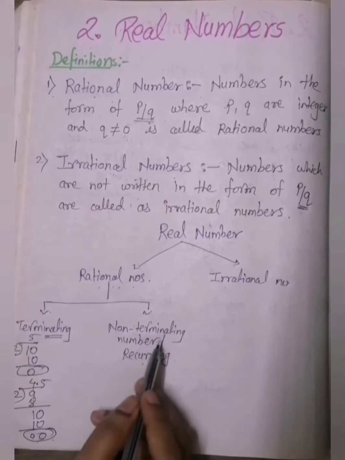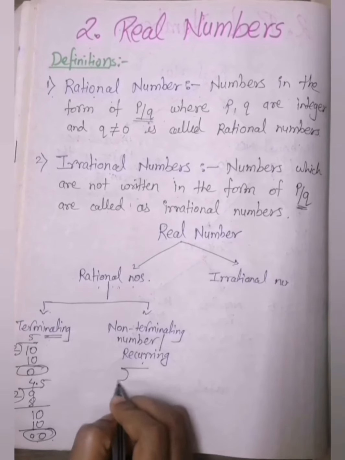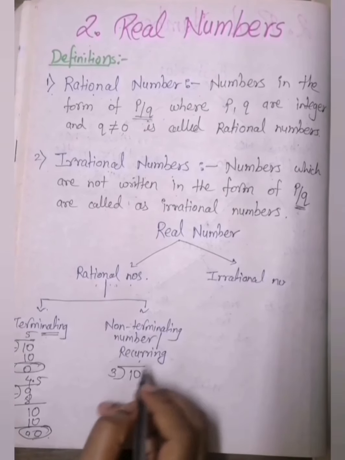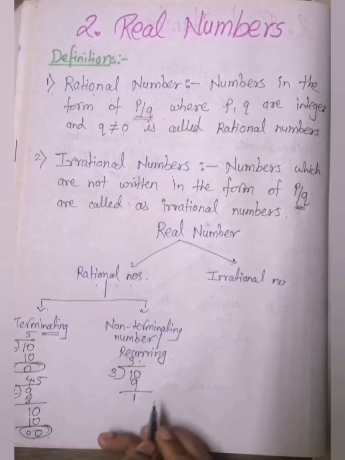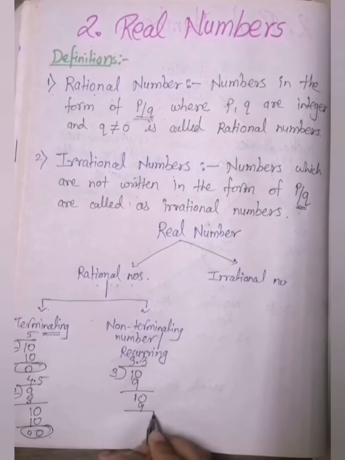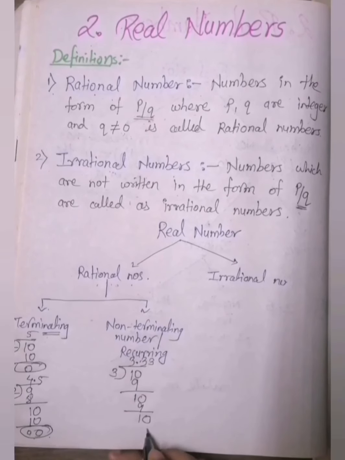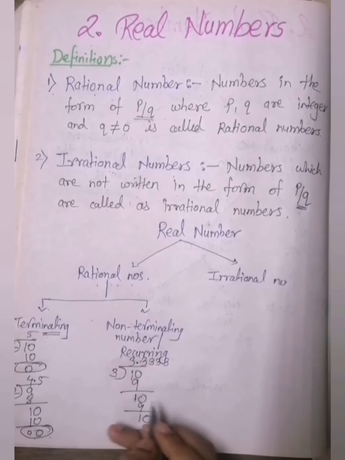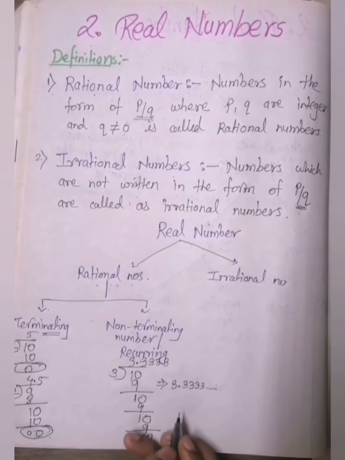Now come to the next one. This is non-terminating and recurring. I have another example like 3 and 10. Now divide 3 by 10. 3 3s are 9. Clear? Remainder is 1. So take an extra 0 with decimal form. Again 3 3s are 9, so we get 1. Again I take a 0, again 3 3s are 9. In this way we get the answer 3.333, meaning it is an infinite number.